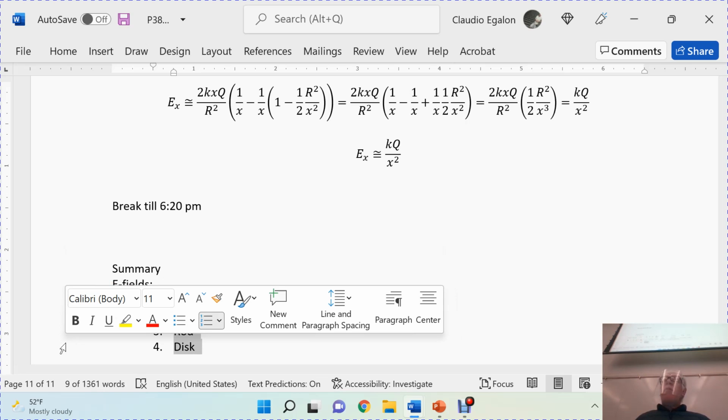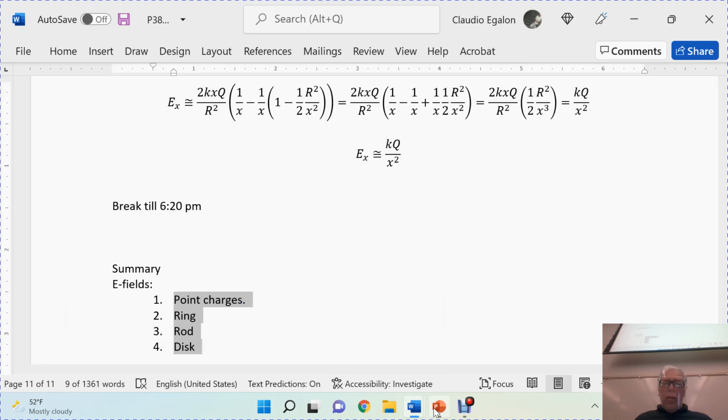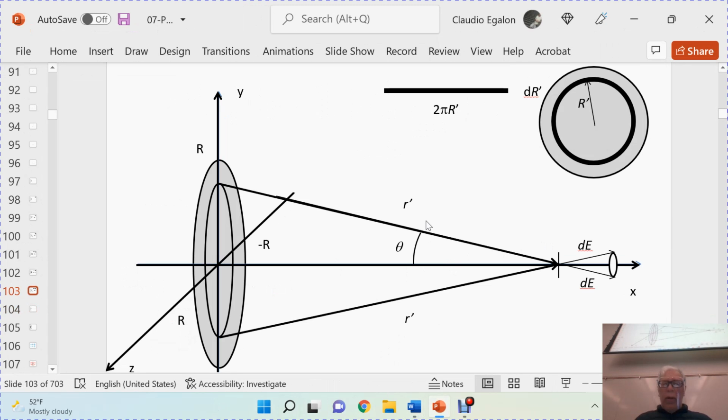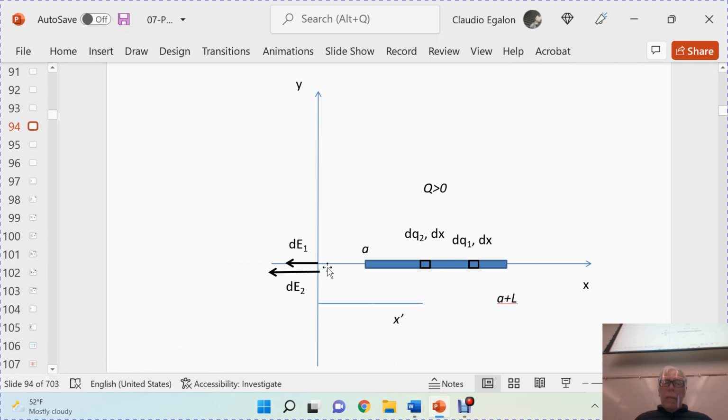Calculating the electric field in the whole space is more difficult. It's more involved mathematically. We're just doing E fields, for instance, for the disk along the x-axis, right? That's what we're doing. The ring we did along the x-axis as well. And for the rod, we did only at the origin.